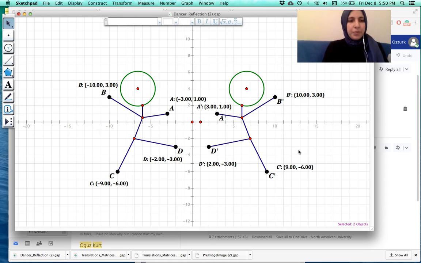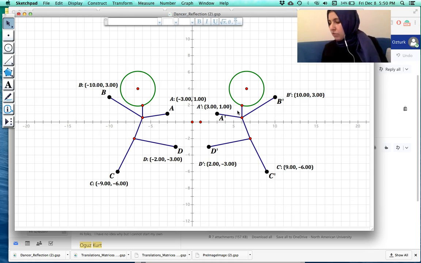After found the coordinates of these points. Question 19. Mark the y-axis as a mirror line and reflect the stick figure over the y-axis. Measure the coordinates of A', B', C', and D'. Was your prediction correct? Describe how your coordinates of points A, B, C, and D and points A', B', C', and D' are related to each other.